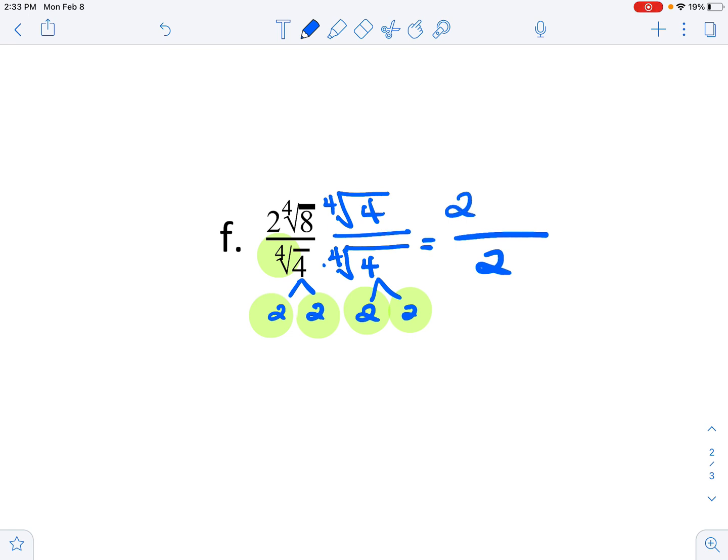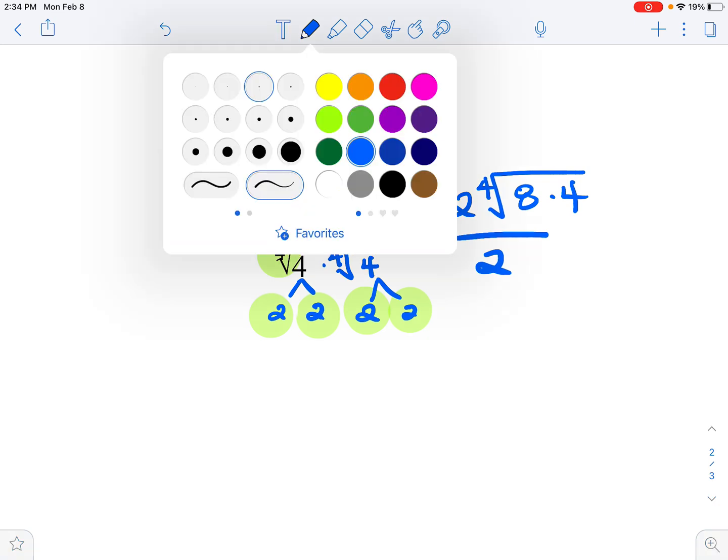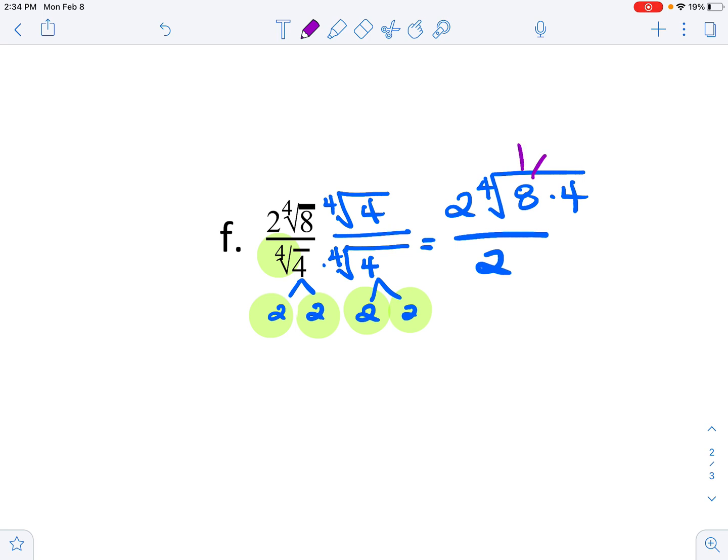Now let's simplify the numerator. So we have to list our factors. And I'm looking for 4 of them.